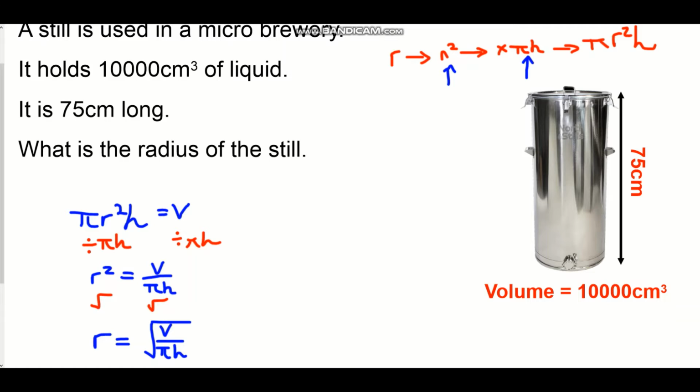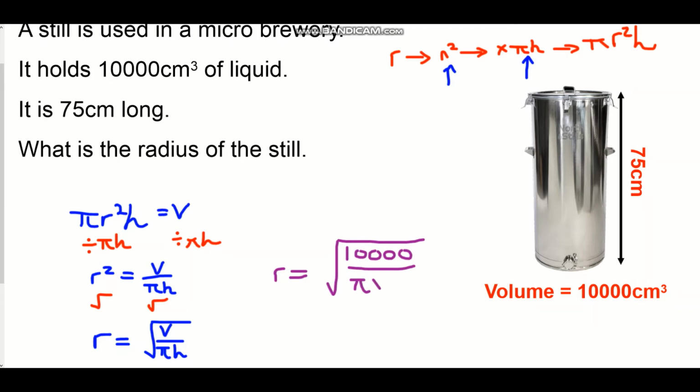Right, now all I need to do is put in the specific information for the still that I have on the board here. So taking a different color, I'm going to use purple. My radius for this particular still is going to be the square root of the volume, which is 10,000, divided by pi times h.